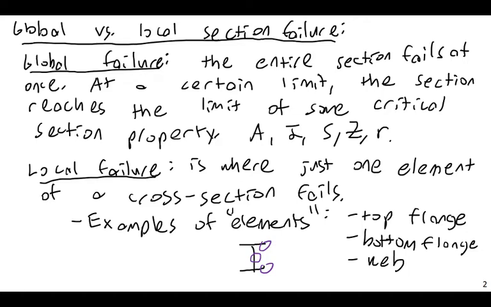So kind of as a review, let me also give you a really good example of what this might mean, where you might have a very intuitive example of a local failure. Okay, so let's consider this for a moment. The example I'm going to give is in bending, not in compression, but this is a very easy way to demonstrate what we mean by local versus global failure.